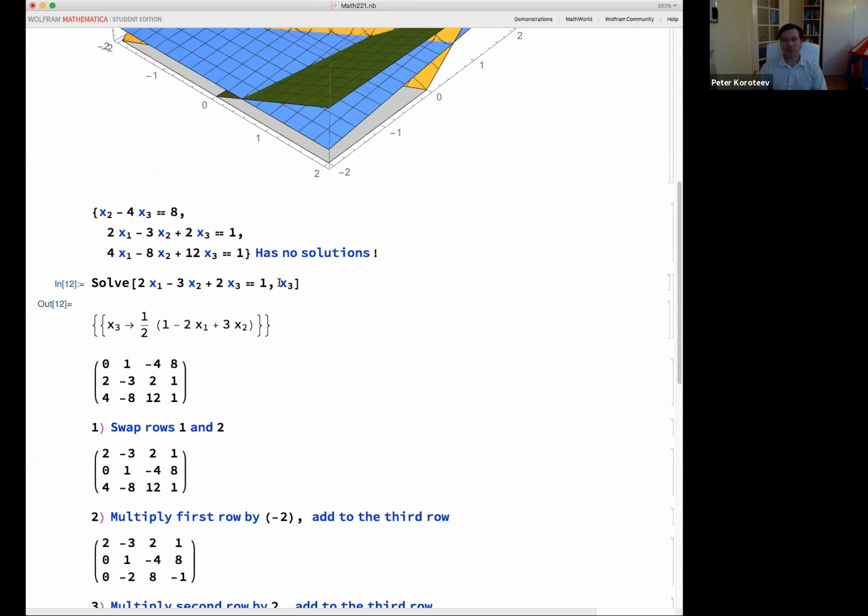Oh, by the way, are you familiar with the software? It's called Mathematica. If you don't have the program, there is a website called Wolfram Alpha. I'll show it to you in a second. So you don't have to have this program to do these calculations. You can do it online. I recommend it over any other calculator or software that you know. It's really powerful.